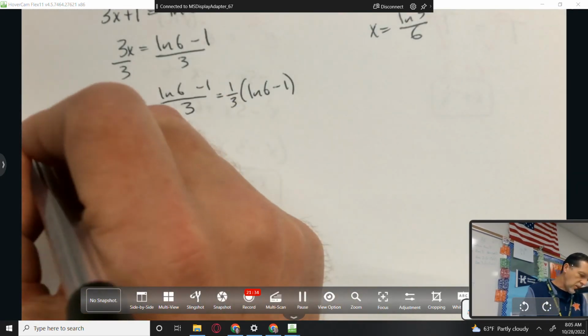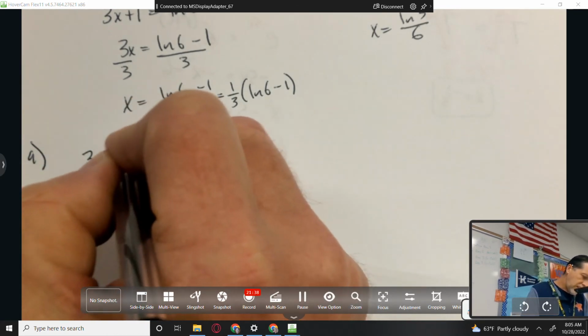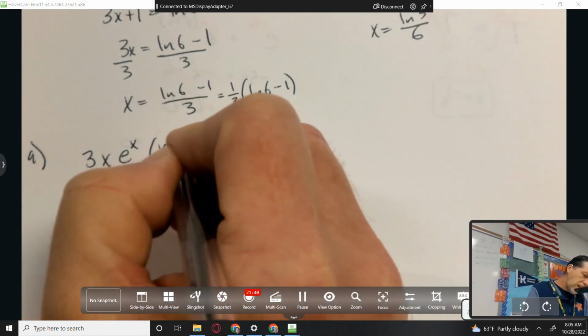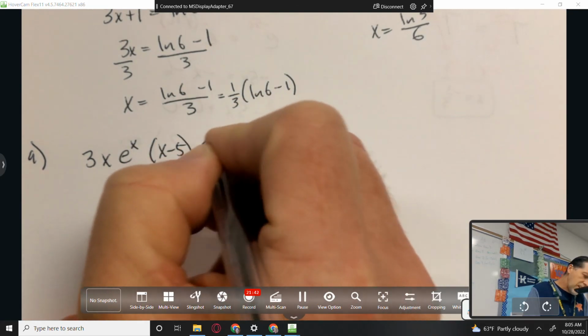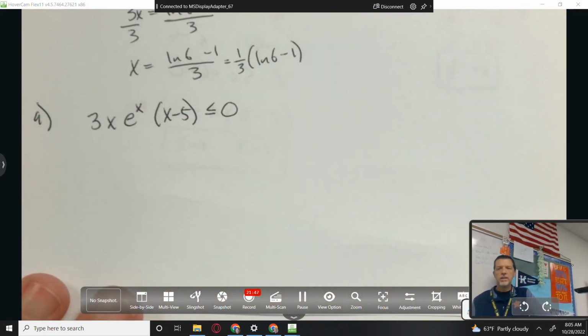All right, last one. 3x e to the x times x minus 5 is less than or equal to 0. Okay, what's different about this one? Inequality.